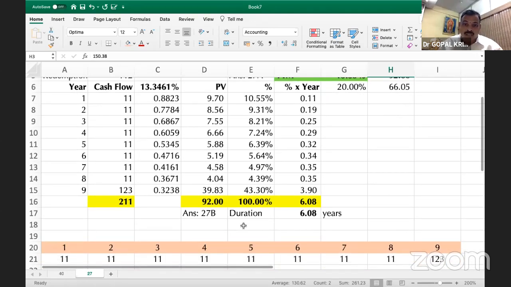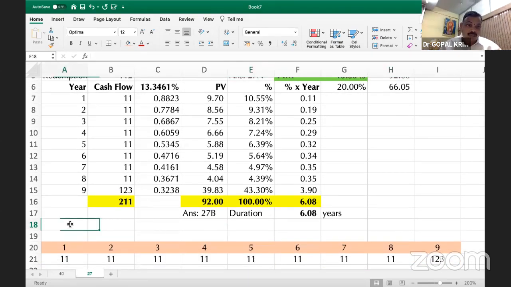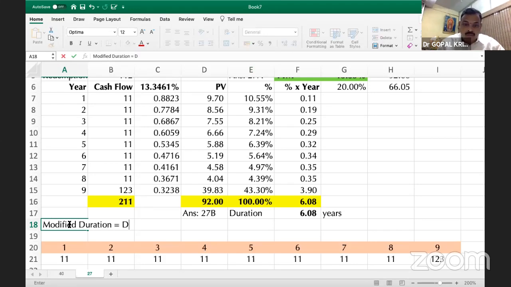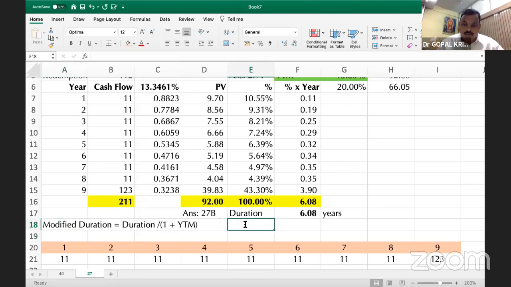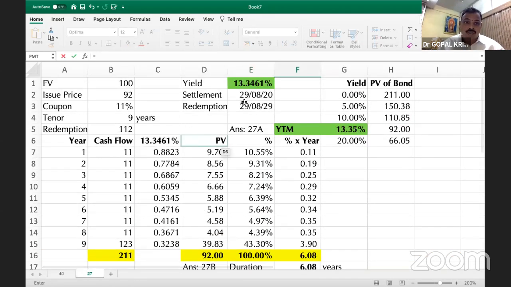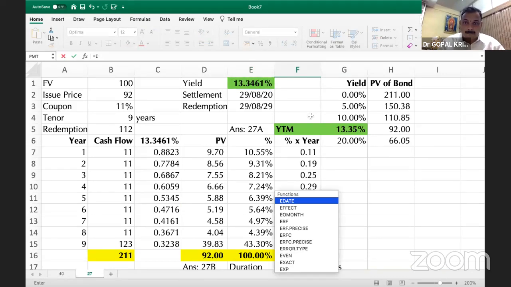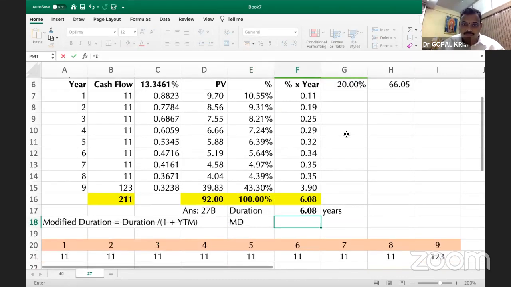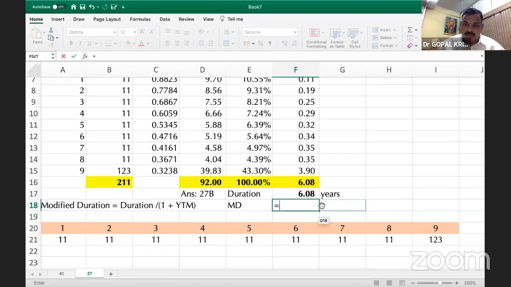So how do you find that modified duration? Remember guys, modified duration is equal to duration divided by 1 plus YTM yield. So what is your YTM? YTM is 13.3461. Duration is 6.08 divided by 1 plus YTM.